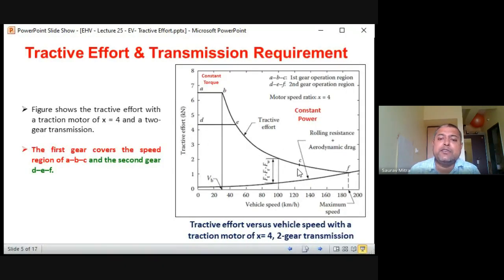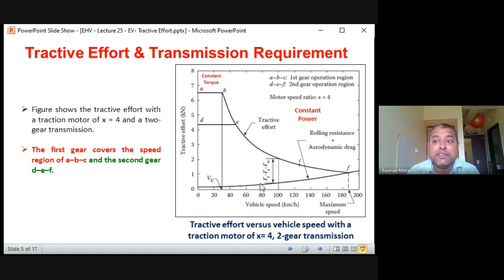This system has x equal to 4, and this shows the increment in the rolling resistance and aerodynamic drag. As rolling resistance and aerodynamic drag increase, the net tractive effort reduces. There are two things. One is the tractive effort, how much FT you are putting, which is increasing.